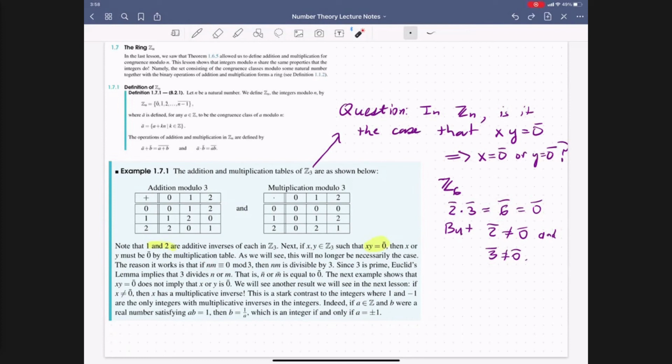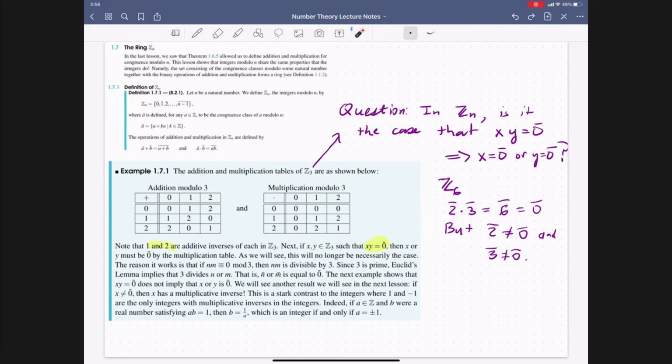That means that n times m is divisible by 3. But because 3 is prime, Euclid's lemma asserts that 3 must divide n, or 3 divides m. And so the zero theorem is Euclid's lemma when p is prime. And so that's something we're going to come back to later on.